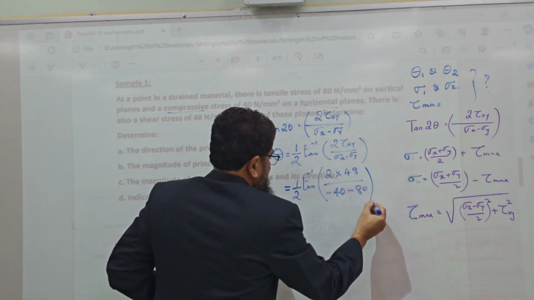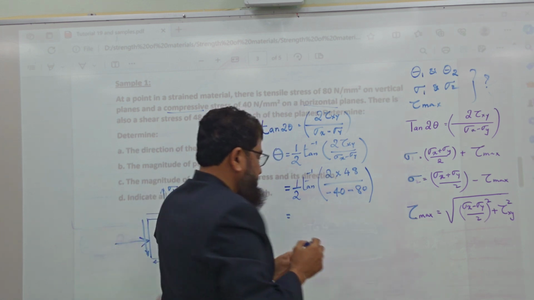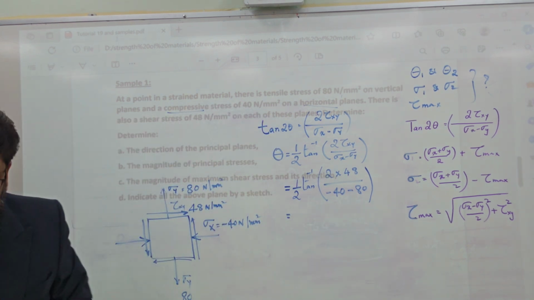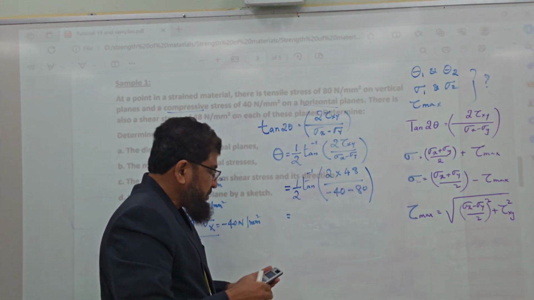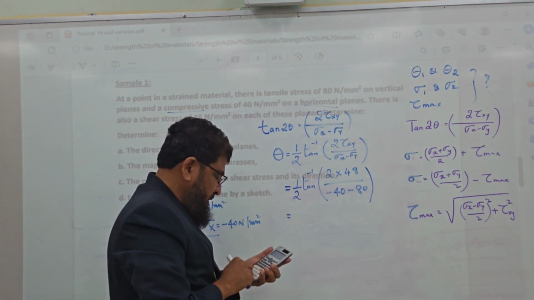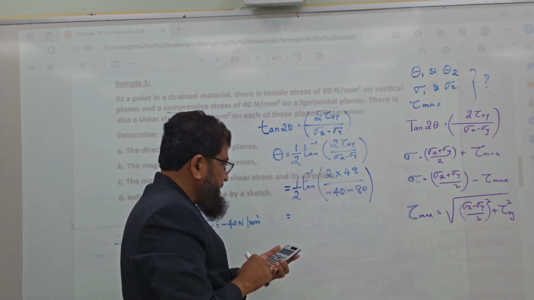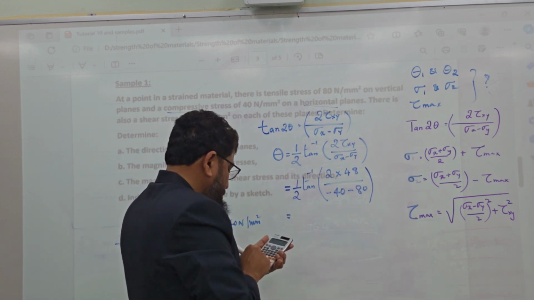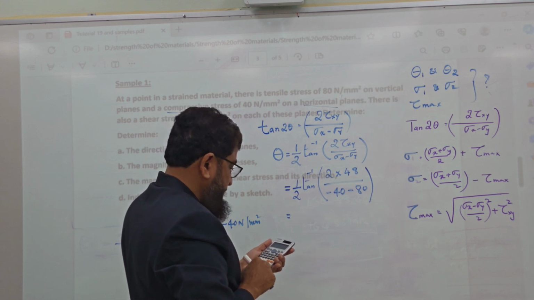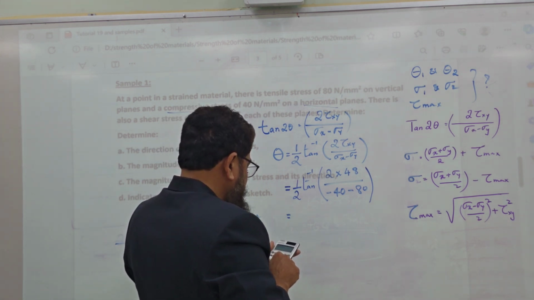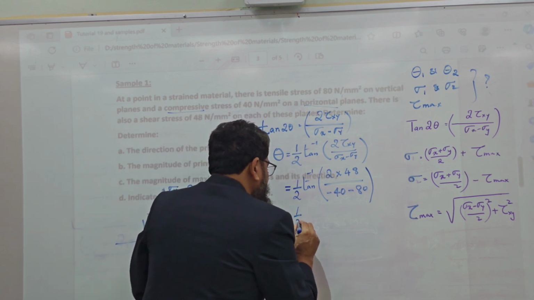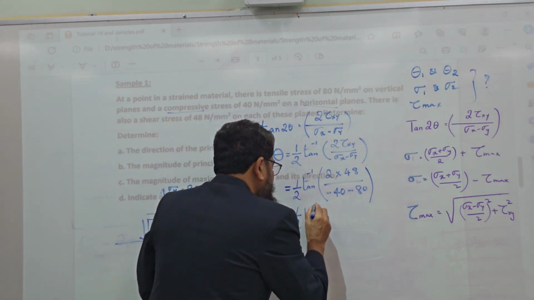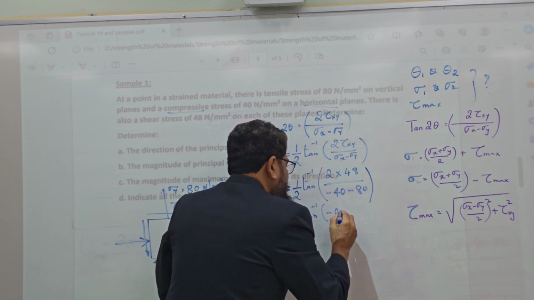Now let's try to just do this one. How much will be this value? Where is the calculator? Let me get the calculator and do it. I have 2 multiplied by 48, 96 divided by 120. That is how much? Minus of 0.8. Half tan inverse of minus 0.8.